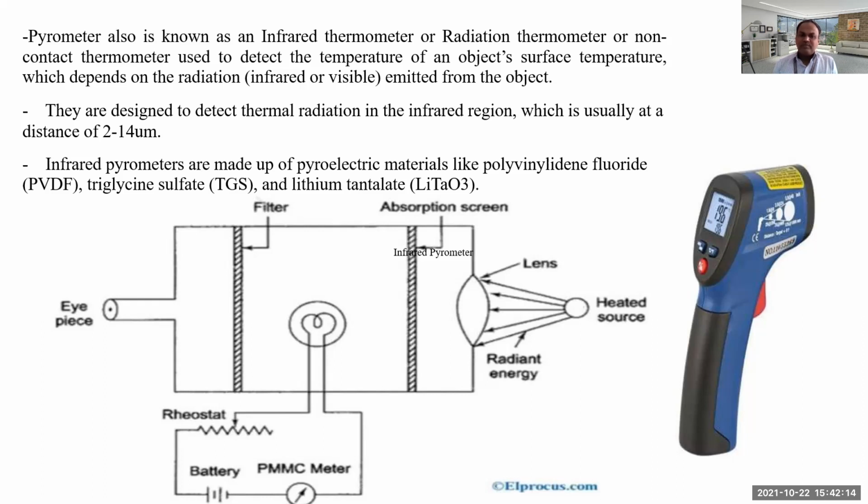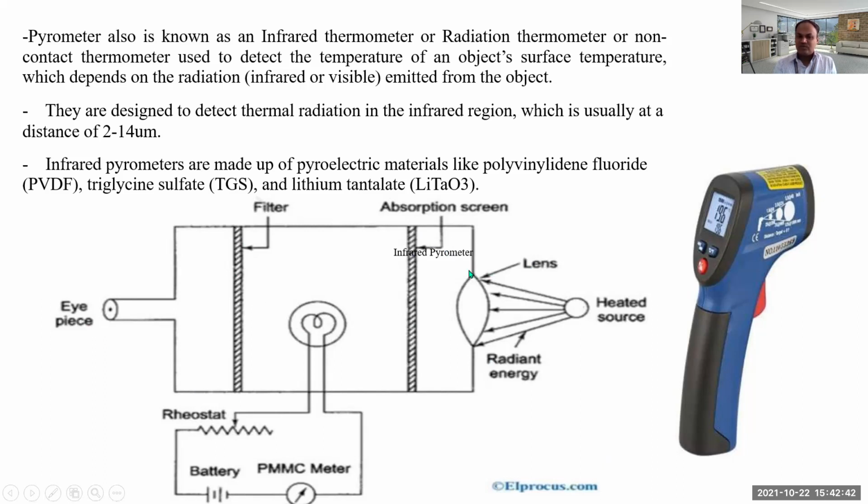Infrared pyrometers are made up of pyroelectric material like polyvinylidene fluoride (PVDF) or triglycine sulfate (TGS) or lithium tantalate. Lithium tantalate, it is lithium tantalate oxide. So that has been used. Now this is the construction of this infrared pyrometer. You can see here the absorption screen. This is the filter and this is the eyepiece.